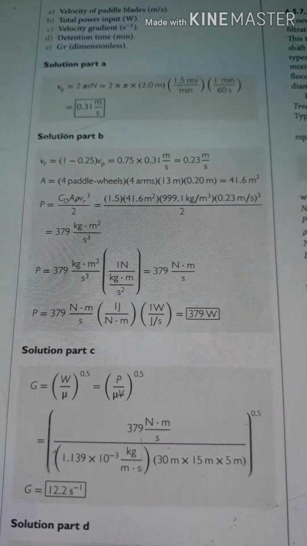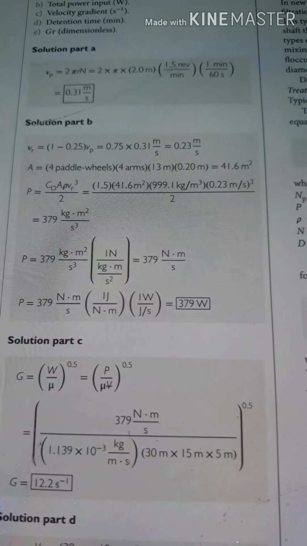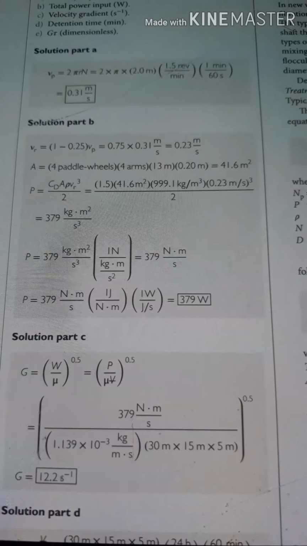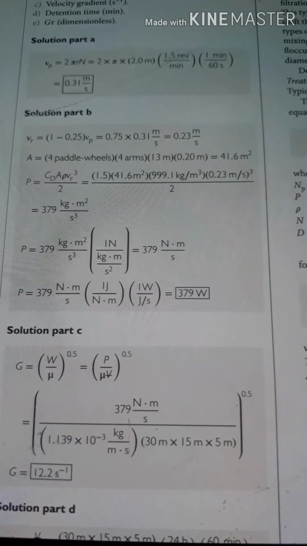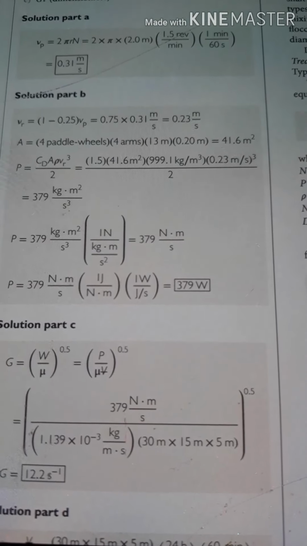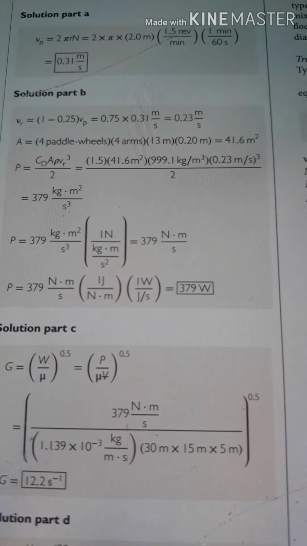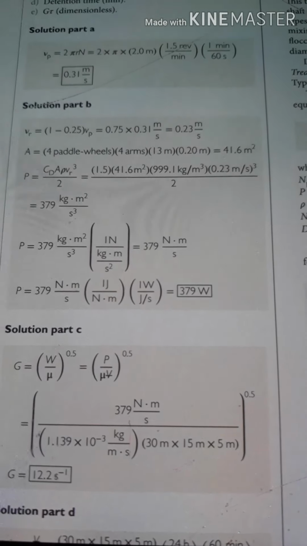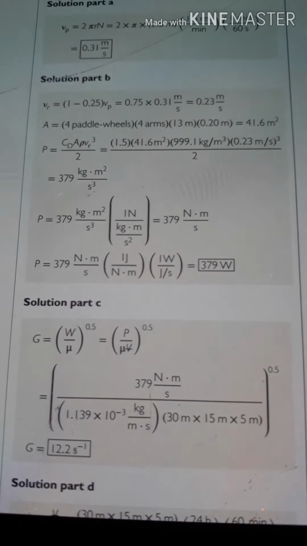Tapos, i-plug in na natin ang mga values natin: ang C subscript D, ang A, ang density, ang V subscript R cubed, over 2. So, P is equal to 1.5 times 41.6 meters squared times 999.1 kilograms per meter cubed times 0.23 meters per second, raised to 3, all over 2.